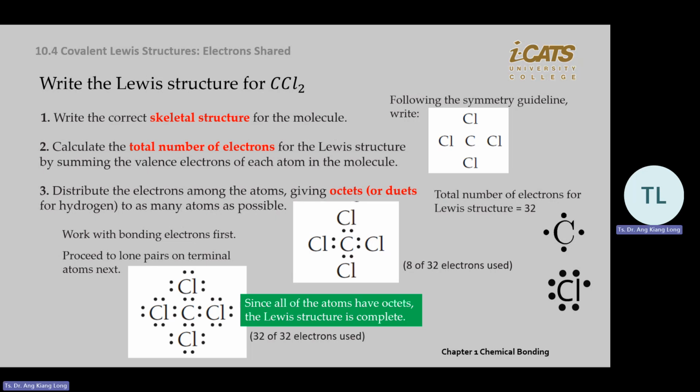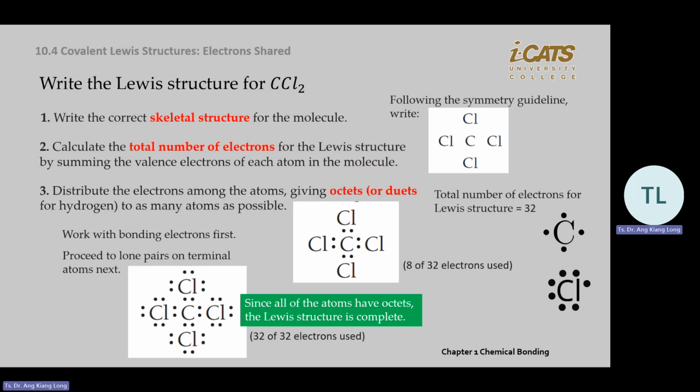Okay, my next question is just simple mathematics. Can you count the number of bonding pairs and the number of lone pairs? How many bonding pairs for CCl4? How many bonding pairs? 4. Means you count the dashes, the lines.